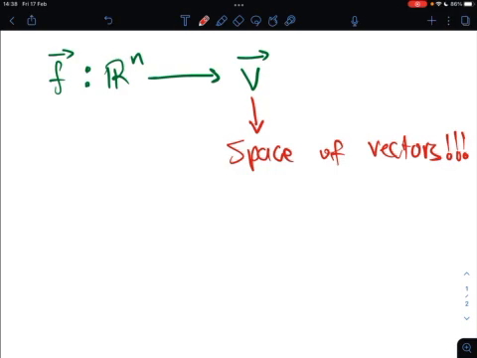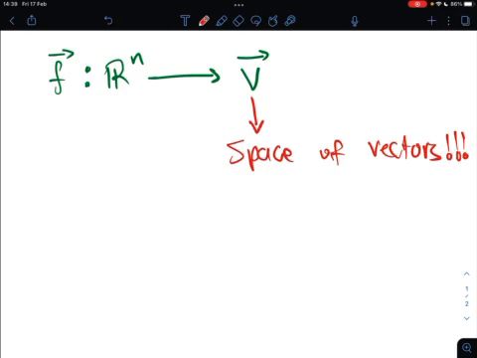We are going to formalize what we mean by vector space as we go to other abstract subjects like linear algebra. So for now, we are just going to picture big V with an arrow as the set of all vectors that so far we are aware of in physics.